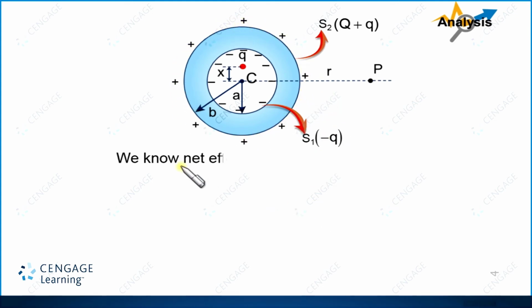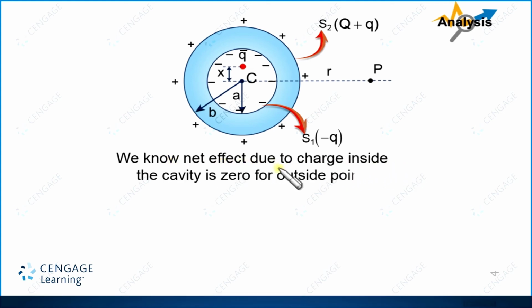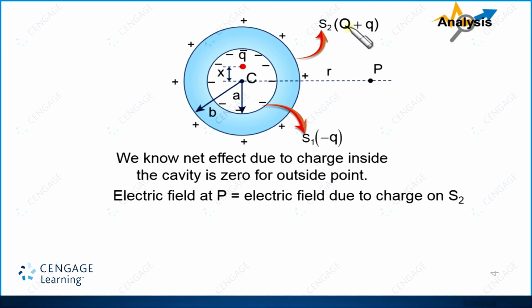Now the electric field at point P is the electric field due to the charge on S2. Charge on S2 is capital Q plus small q. That means EP is equal to 1 upon 4 pi epsilon naught, capital Q plus small q, divided by the distance of the point under consideration, small r. So that is 1 upon 4 pi epsilon naught, (Q plus q) divided by r square.